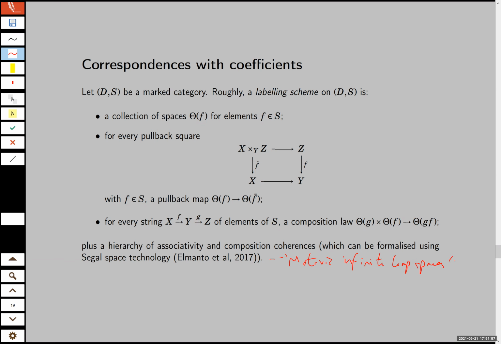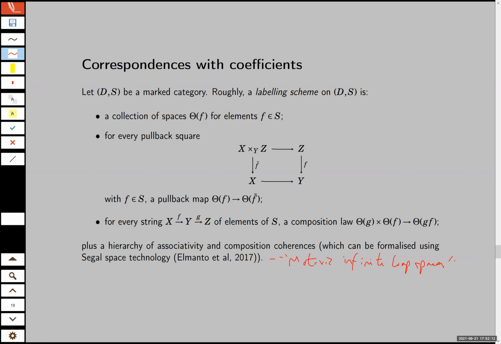But basically, I want to start labeling my maps rather than the objects. The maps in one direction on the correspondences with some kind of orientation data, which is used to push forward cohomology classes. That's the intuition behind it.